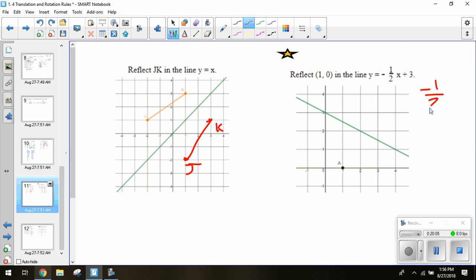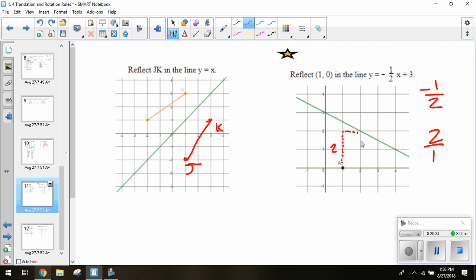So if I have negative 1/2, for the perpendicular I need to flip it upside down and change the sign from negative to positive. So instead of negative 1/2, I have positive 2/1. That's my perpendicular slope. If this line is coming down at a negative 1/2 slope, I want to go up from my point A at a positive slope of 2/1. That means I'm rising 2 and running 1.